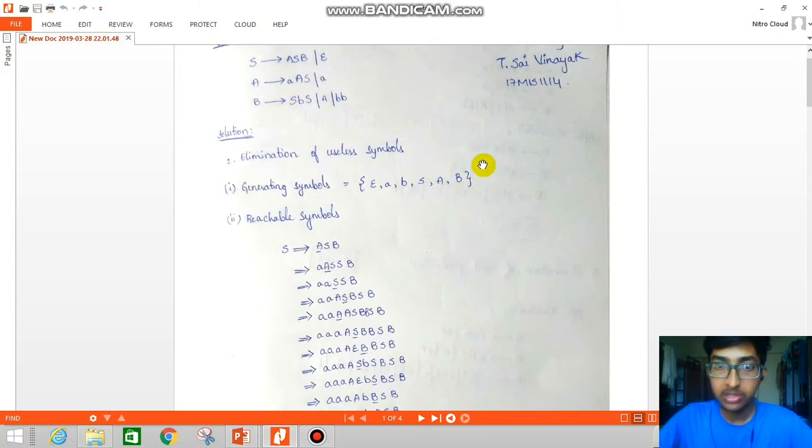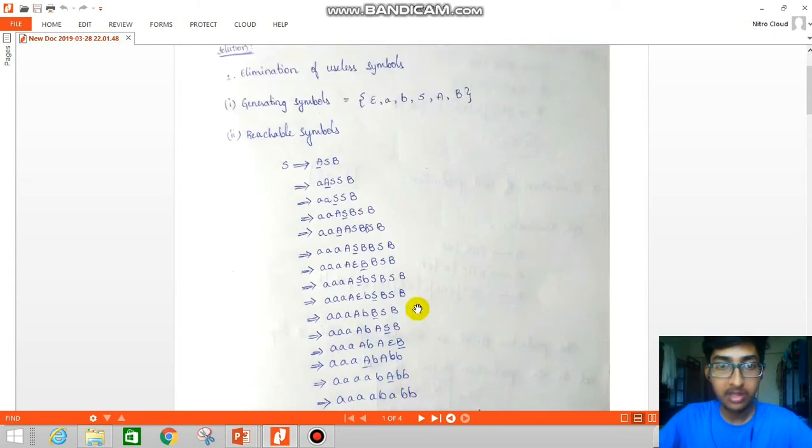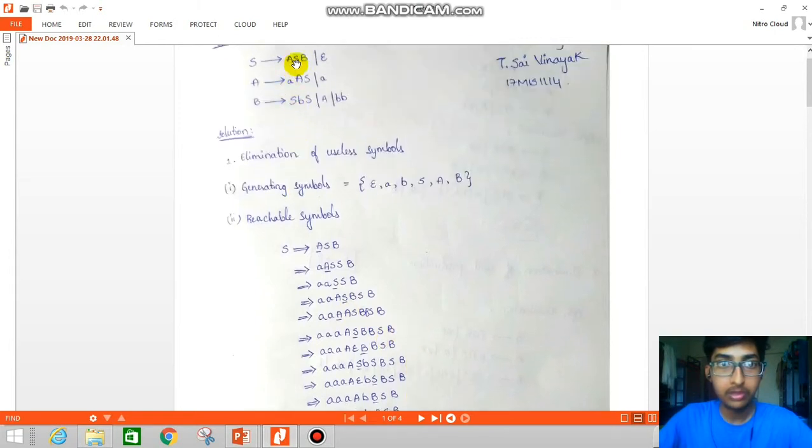Now we got the generating symbols, which are epsilon, small a, b, S and capital A, B. Now identify the reachable symbols. Reachable symbols can be identified by deriving a string. Derive a string such that all of the productions are included in it.